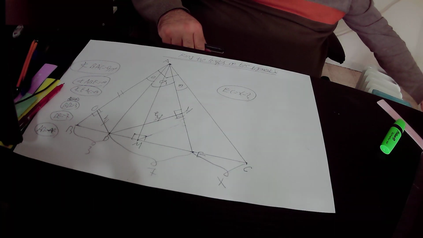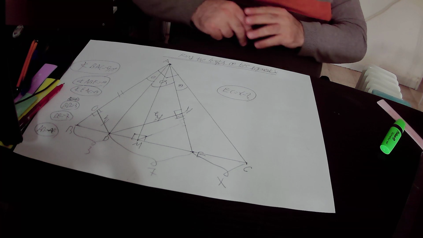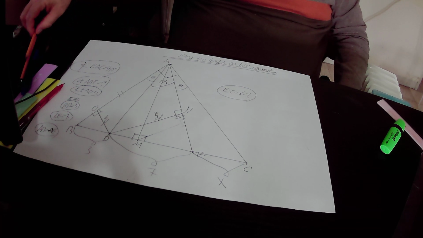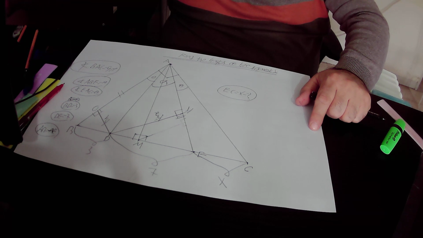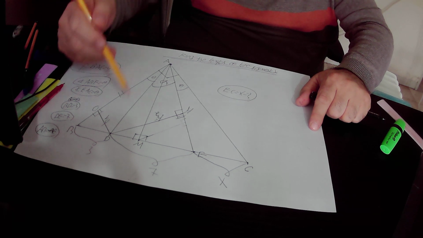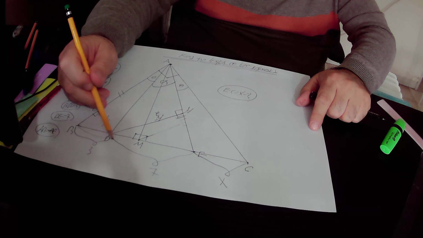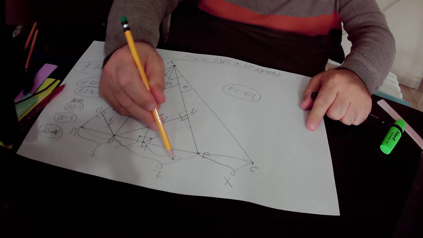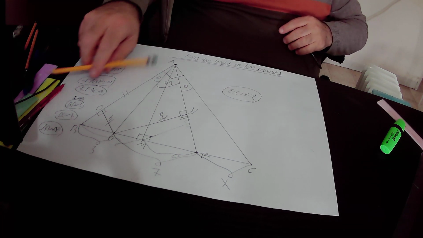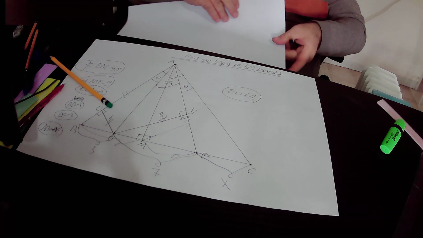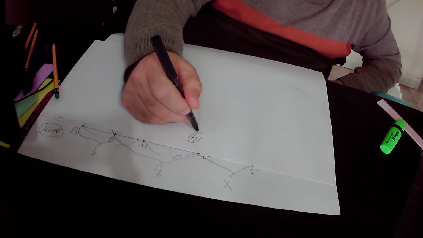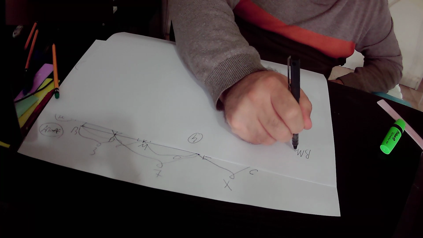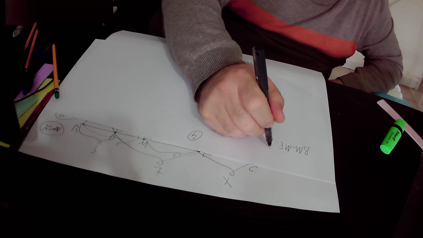So we actually know that BM equals ME according to rule number 1.